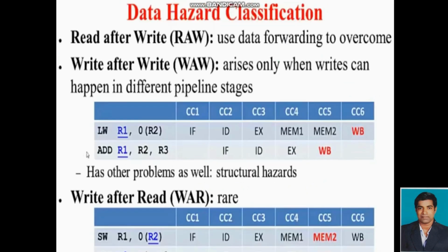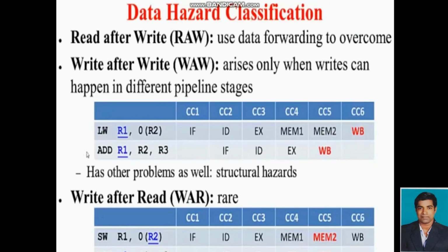Data hazard classification: there are 3 different classifications of data hazards: read after write, write after write, and write after read. We'll see them one by one. Read after write: use data forwarding to overcome this problem.